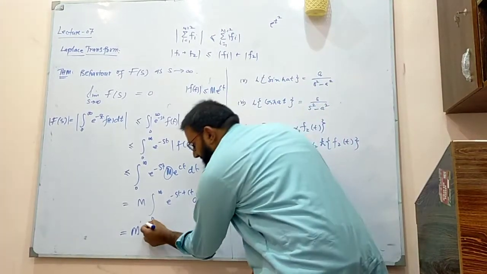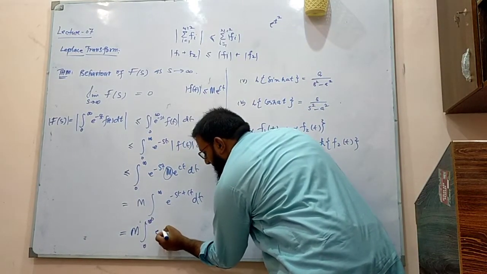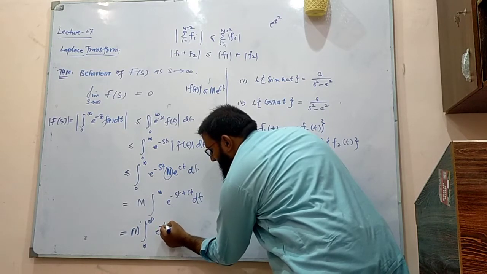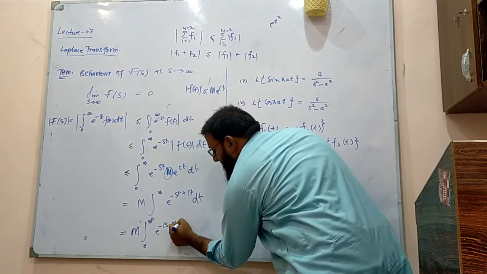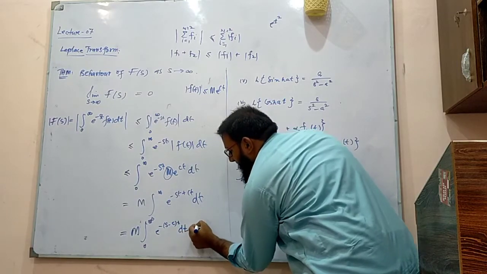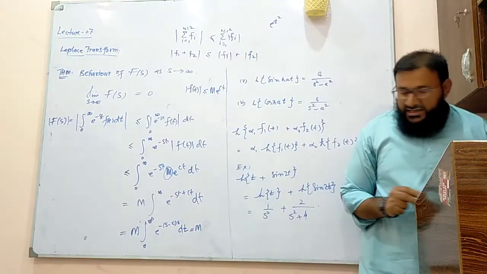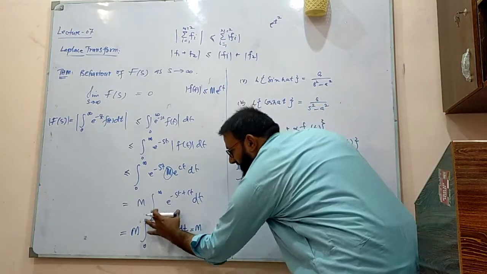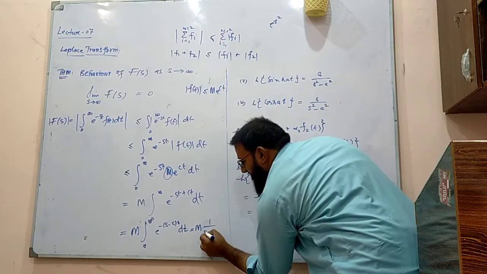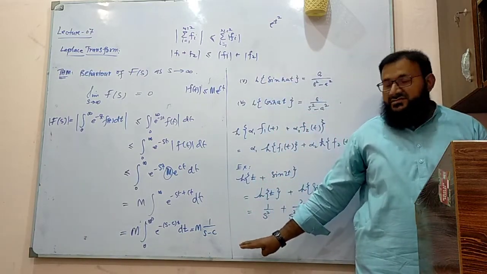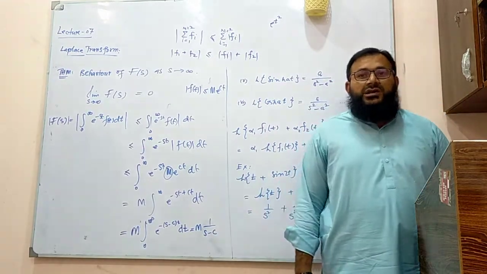What I have to do is write e power minus (s minus c) times t dt, and I am writing the integral finally. You integrate and evaluate this, and this whole thing becomes 1 over s minus c. And when s tends to infinity, what happens?